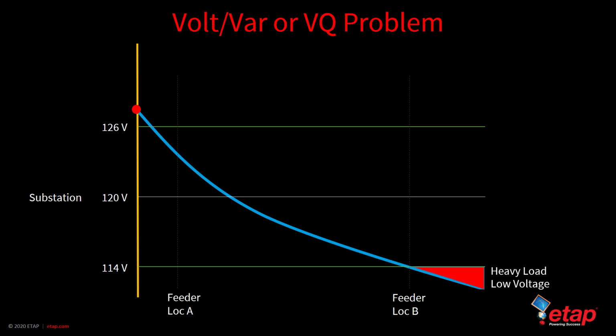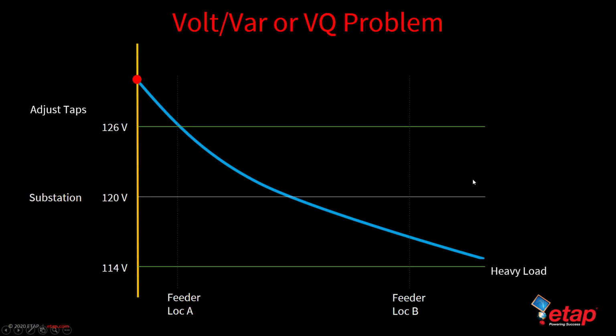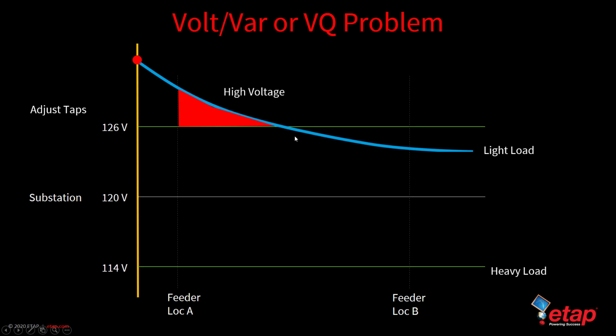One of them is to simply raise the manual tap setting on the substation transformer to correct the peak load problem. The substation load tap changer and line regulators can correct voltage without correcting the loss. So by simply adjusting the tap, we can avoid the low voltage condition. But in this situation, when the feeder loading is light, high voltage could be a problem at the substation end of the feeder.